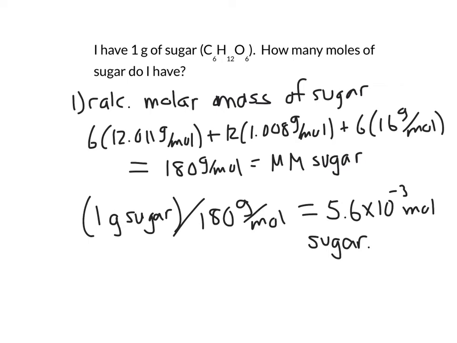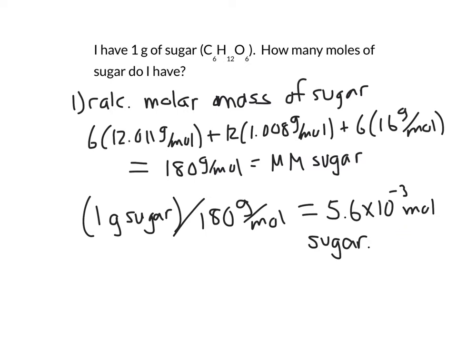We can take this one step further and ask the question, how many moles of carbon do I have when I have this many moles of sugar? Or how many moles of hydrogen do I have when I have this many moles of sugar?